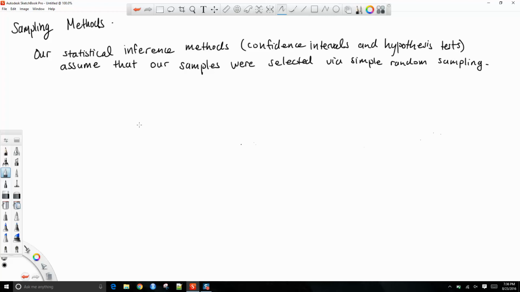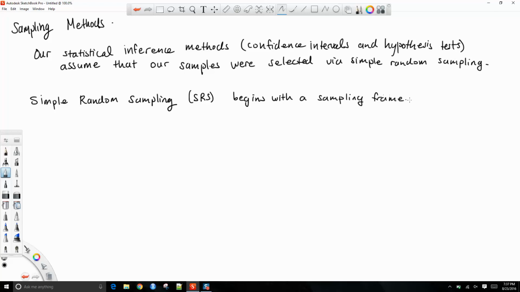And so simple random sampling, we've already spoken about this, but it's worth writing about again. Simple random sampling begins with a sampling frame. The sampling frame is ideally a list of every single person in the population.